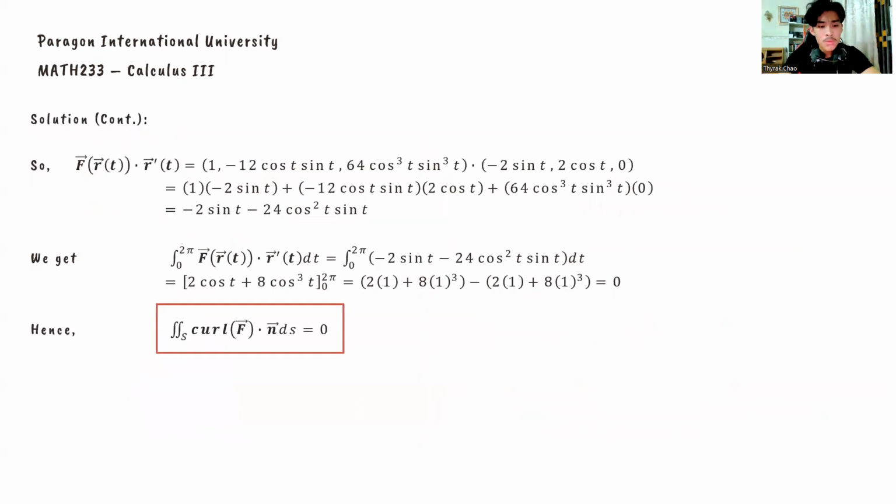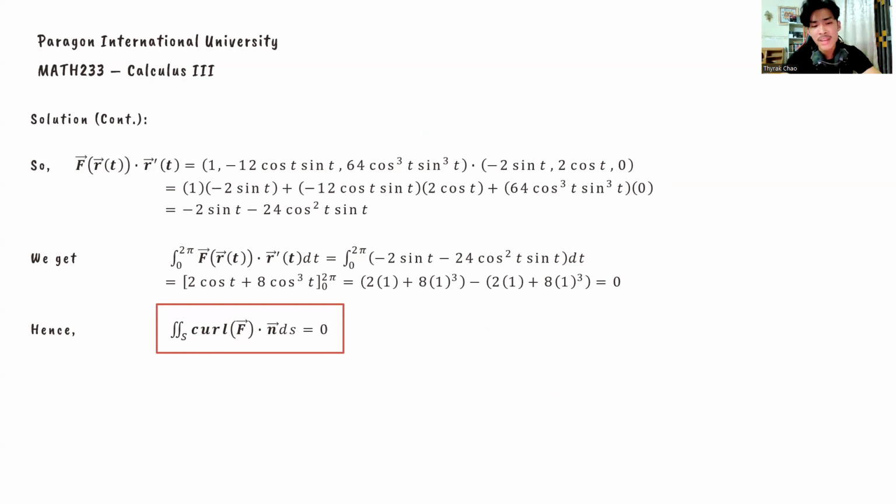So we get F of r of t dot r prime of t equal to minus 2 sin t minus 24 cos squared t sin t.